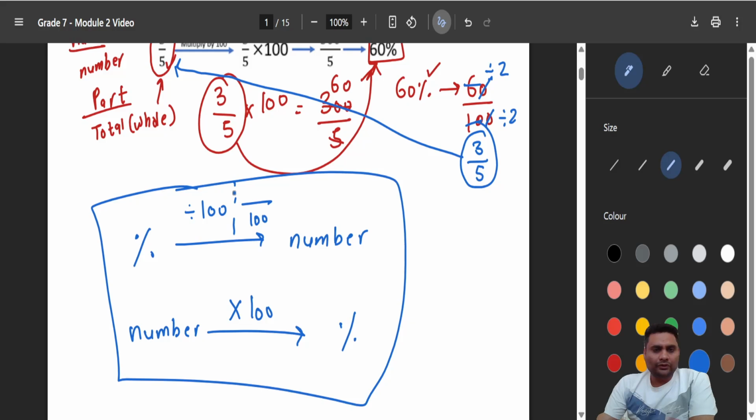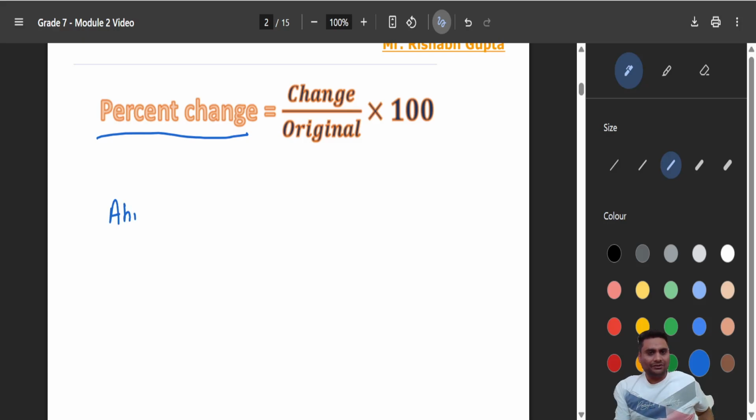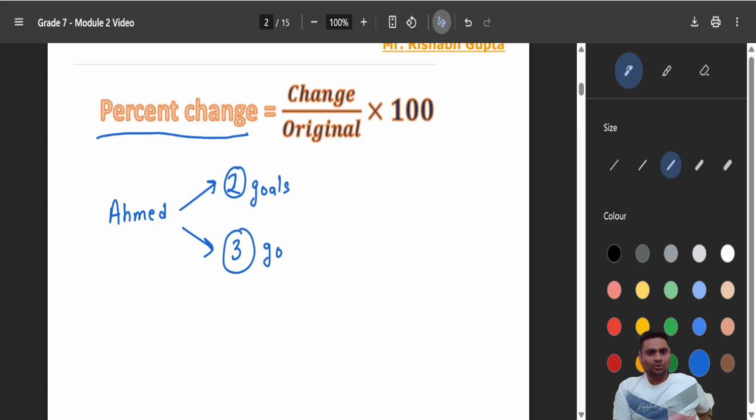Now let's move further. The first lesson is about percent change. Let's take an example. Ahmed played 2 matches of football. In the first match, he made two goals. In the second match, he was lucky and he made an extra goal, for a total of three goals.